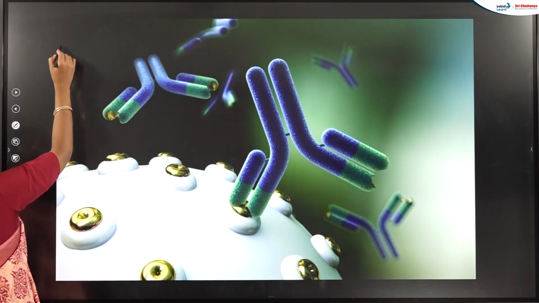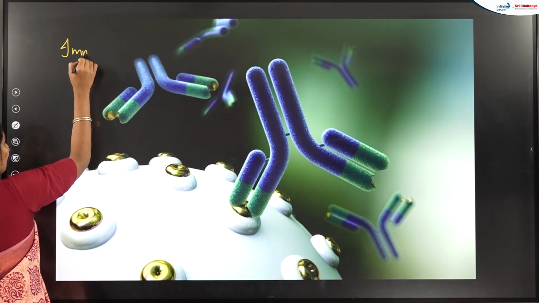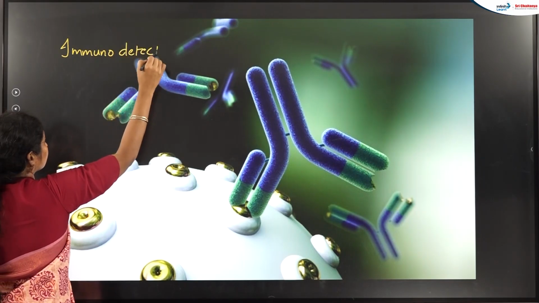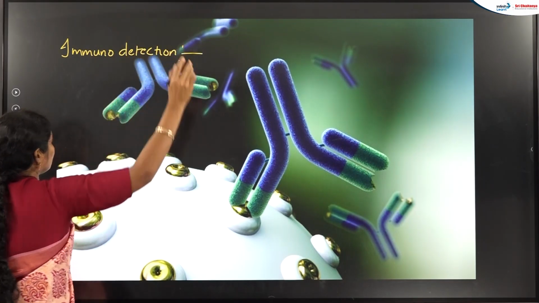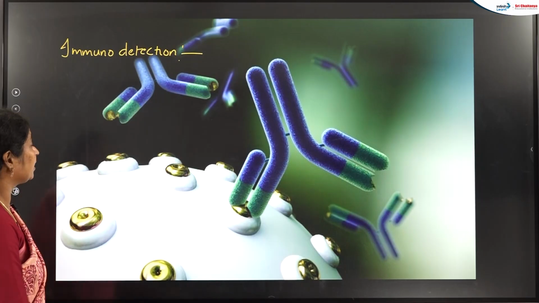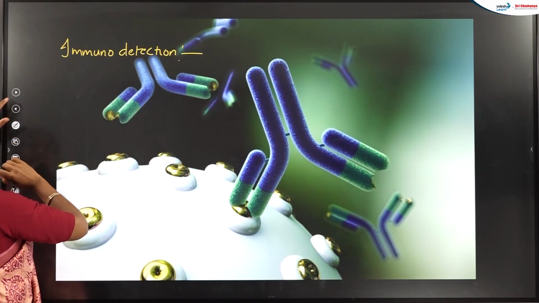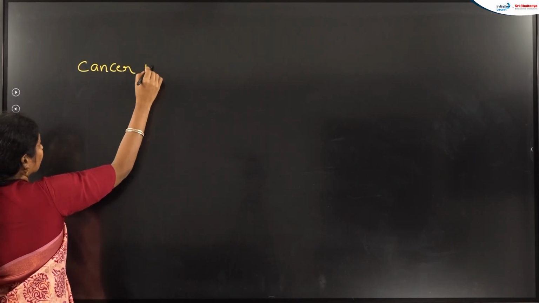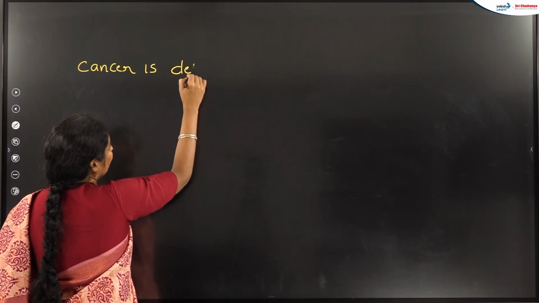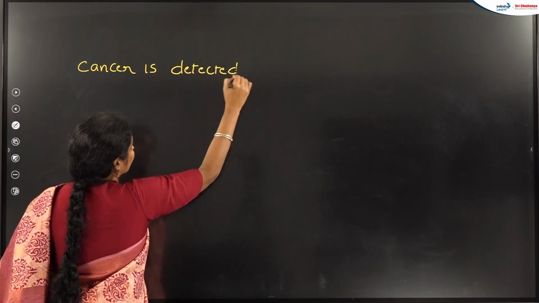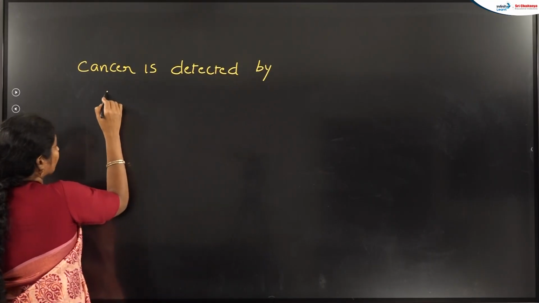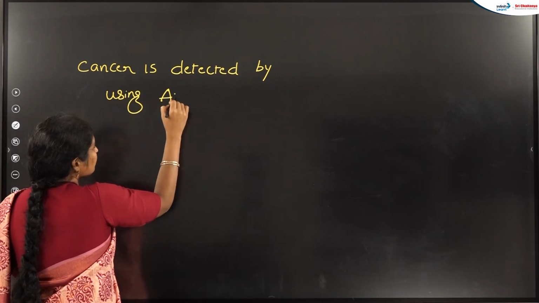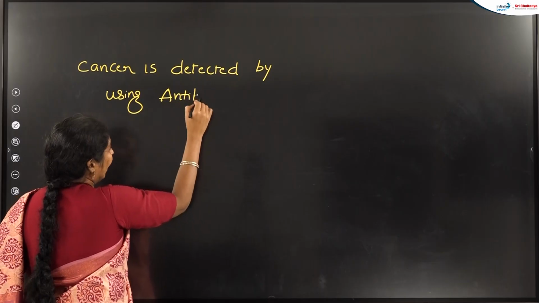Next one is immunodetection. Immunodetection is also a type of advanced detection technique where the cancer is detected by using antibodies. Immunodetection means it is related to antibodies.